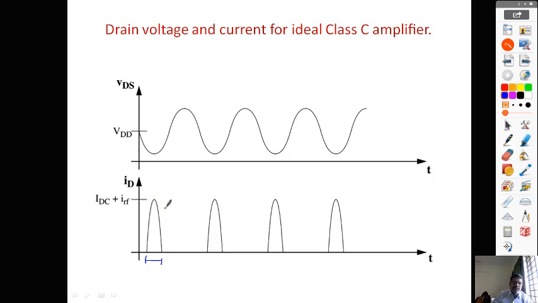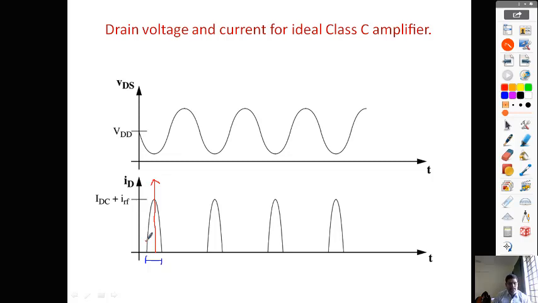Now what we are going to do is shift our reference axis. When we shift the reference axis, this is now my new reference axis. For this new reference axis, it can be represented as a cosine waveform rather than a sine waveform.